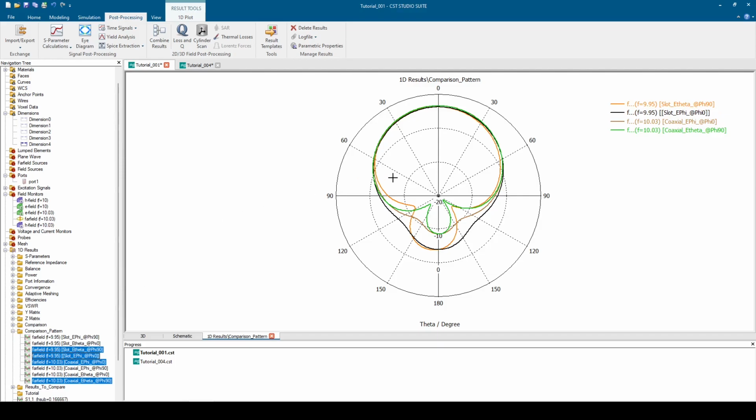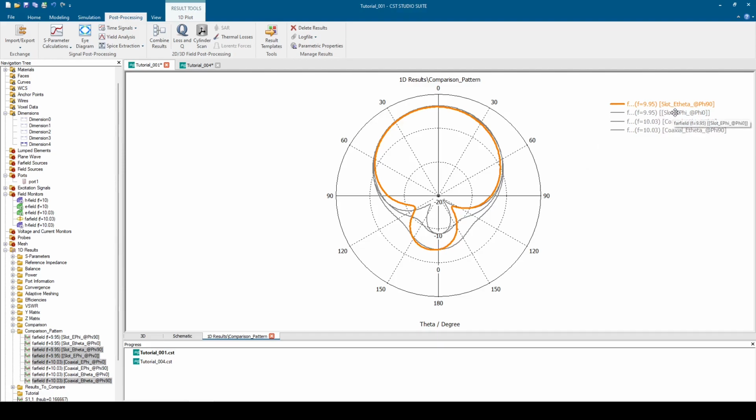What we can observe here in both of them is that the slot has more back radiation because it can open a little bit in the back. Still small numbers, but this is what we can see.